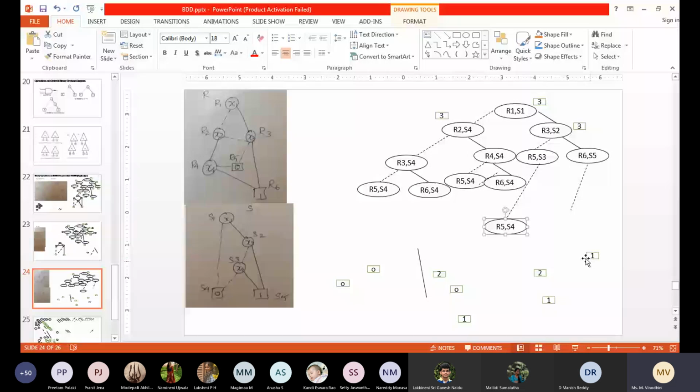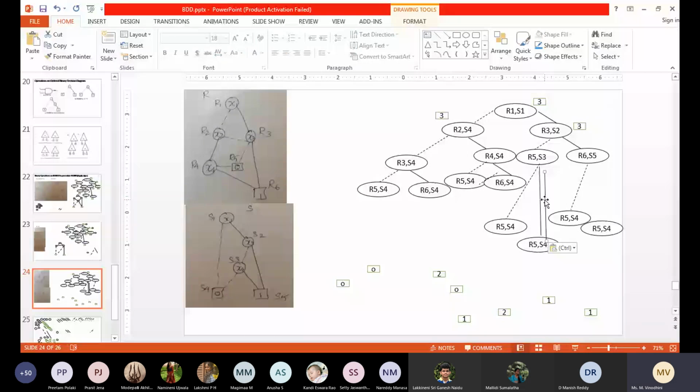Now R5 when it is 0, this is the leaf node.